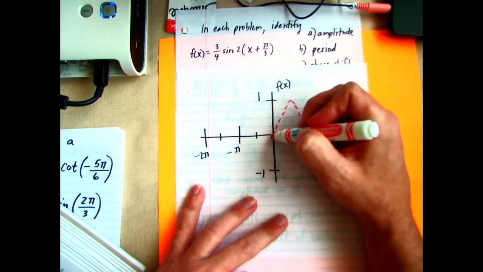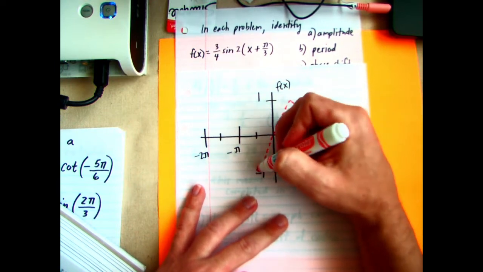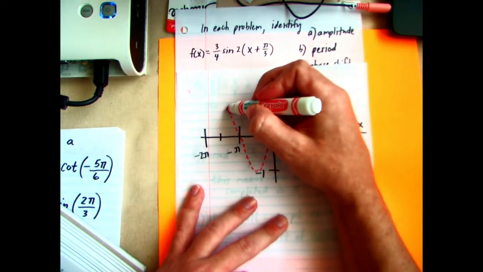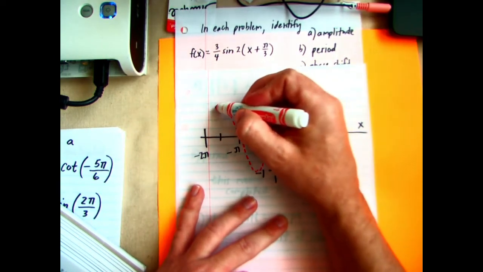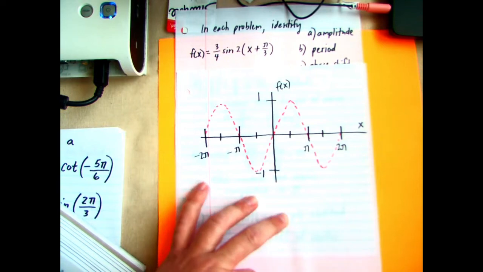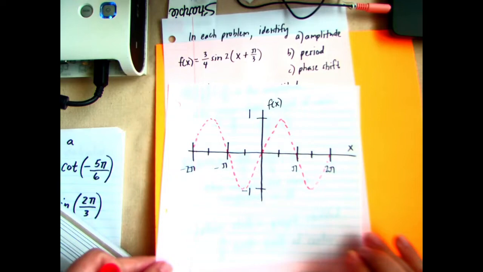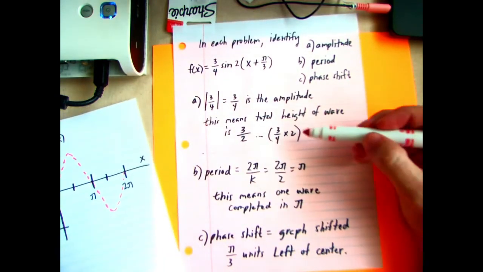And this is basically what we did in the beginning of this video. We graphed y equals sine x. So here's what that looks like, right? This has an amplitude of 1. It has a period of 2 pi. Nothing special about this. So what happens when we apply our amplitude of 3/4?